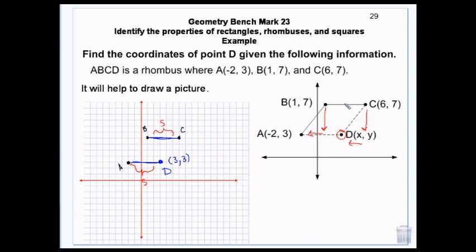So if these aren't flat, like if this rhombus was turned, does that make sense? Like it was drawn more like this, so you're not flat. Then you're going to count the number of spaces here to here, and then go the same distance, and you'll find your other point.